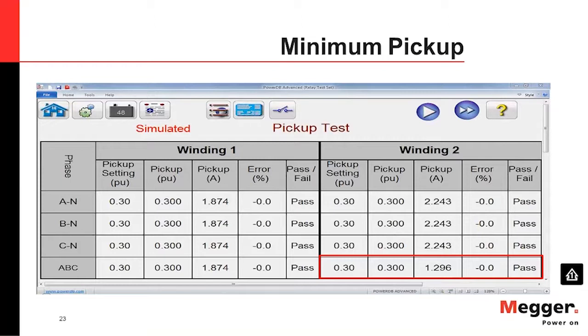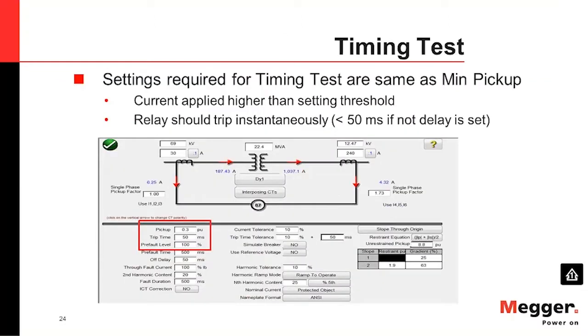Now, the next test is the timing test. For the timing test, we need the pickup value as we have done, but we also need the trip time over here, which is very important. It's usually 0 milliseconds. In some cases it is 50, in some cases 100, depending on the transformer relay and engineering.